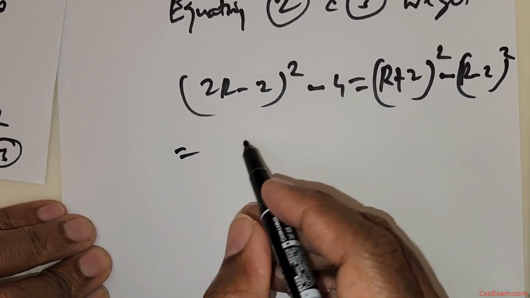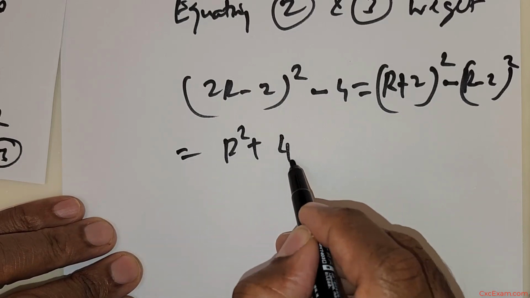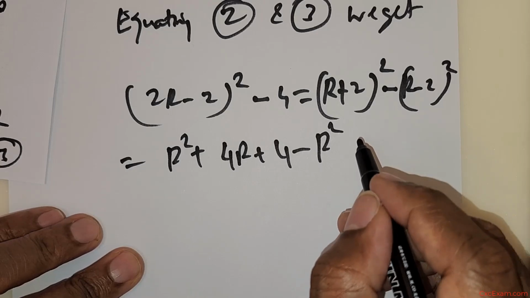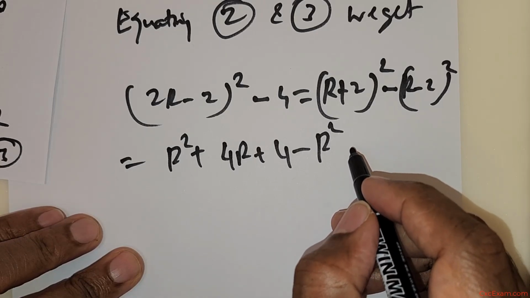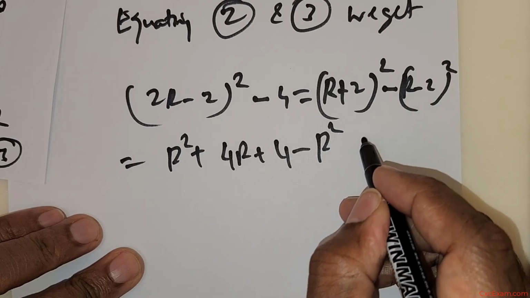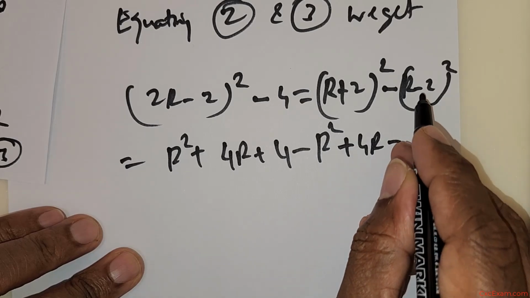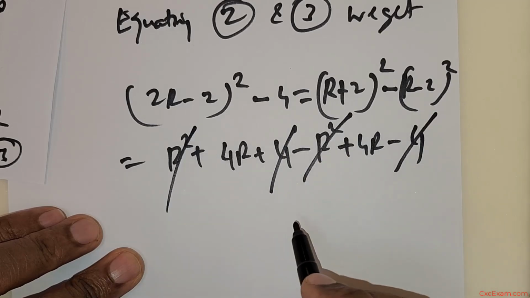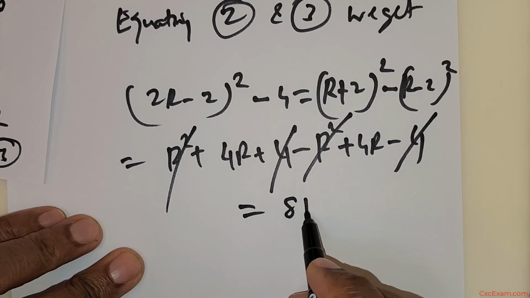So the right hand side, this is r squared plus 4r plus 4 minus r squared, right? And this is negative 4r, positive 4r, positive 4, so negative 4. This and this get cancelled, these two get cancelled. This is going to give me 8r.